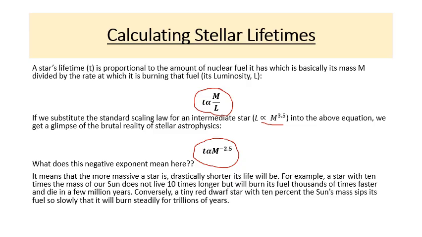Conversely, a tiny red dwarf star, which is much smaller than our own sun, will sip its mass so slowly that it can burn for trillions of years, much longer than even our sun. So this is a great insight into the lifespan of a star.